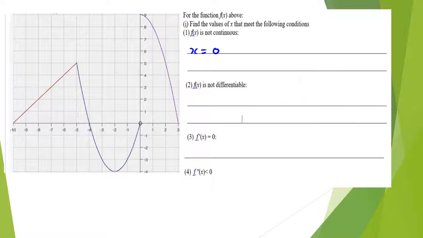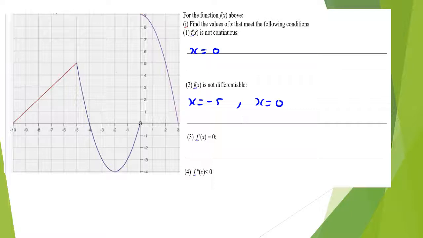We said it's not differentiable where there are sharp ends, where it's starting or where it's ending. Okay, so the sharp end is when x equals negative 5. So that's the first one. And the other one, can you see the curve is ending at the same x value where it's starting another curve, so it's discontinuous here, which is x equal to 0.